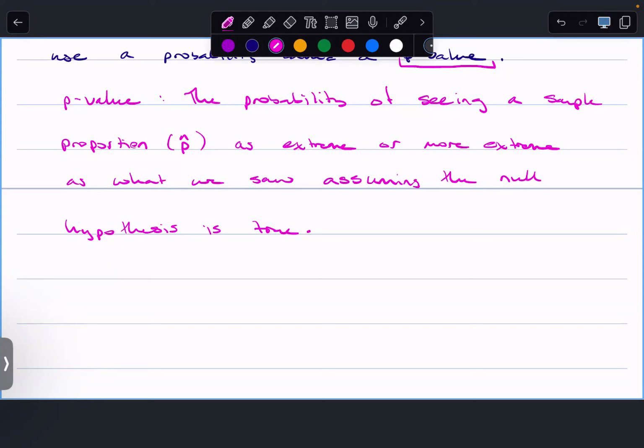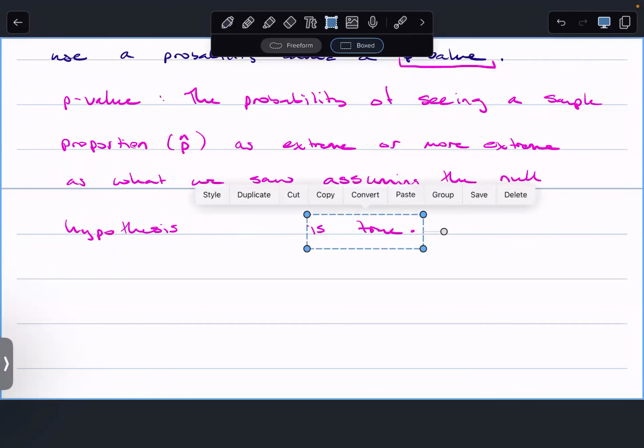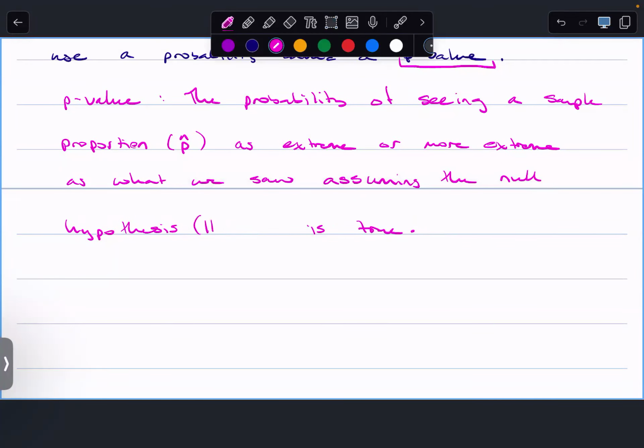So if we take the null hypothesis, and I'll add in what that's going to be. In this case, that p equals p naught is true.